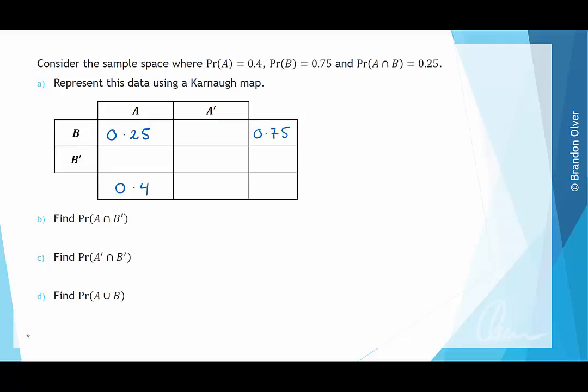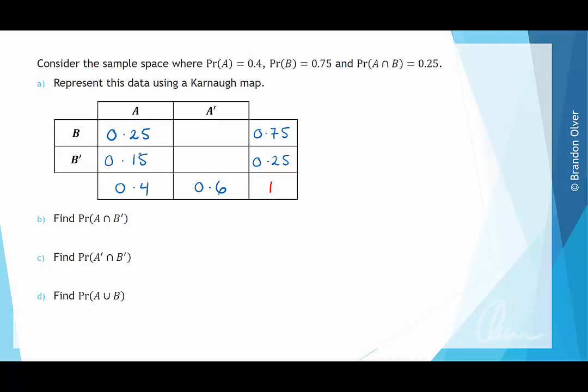Now, in order to solve all our problems for this question, we need to remember that all of this sums up to 1. Because it sums up to 1, we know 0.4 plus 0.6 equals 1, therefore the complement of A is 0.6. We know that 0.75 plus 0.25 adds up to 1, so the complement of B is 0.25. Because of the way the Karnaugh map is set out, we know that the probability of A intersect B plus the probability of A intersect not B is equal to the probability of A. So this column must add up to 0.4, meaning this cell is 0.15.